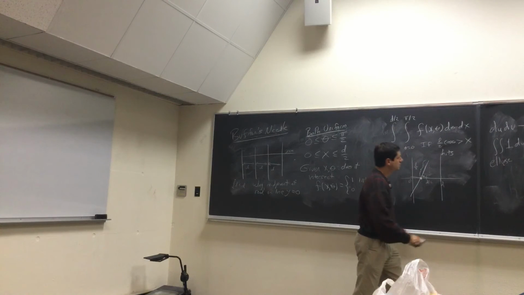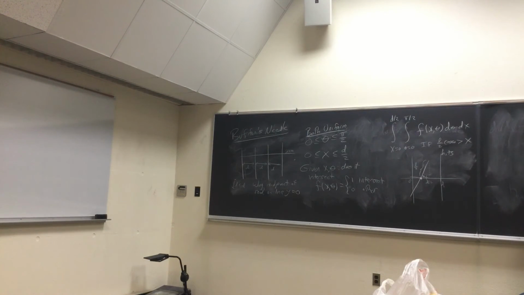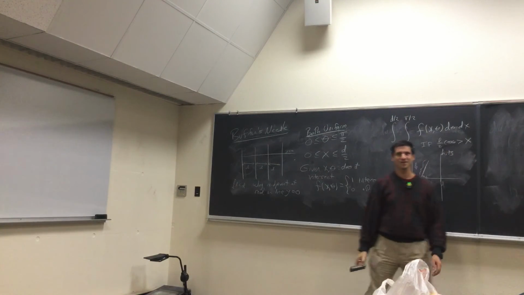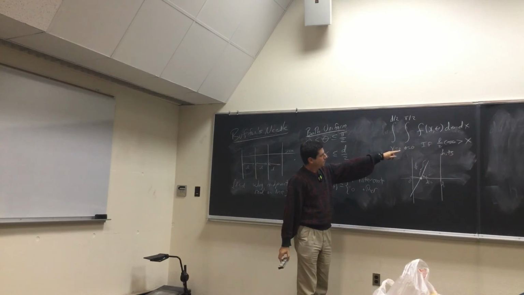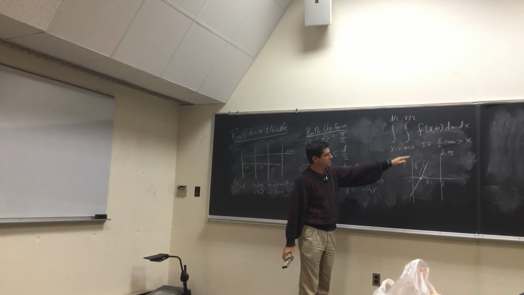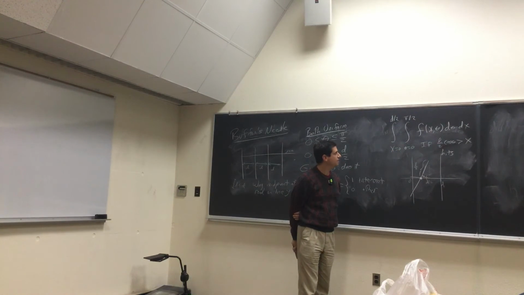So you've got a 50-50 chance. Given a value of x, this tells you what value of theta, or given a value of theta, this tells you what value of x. Which way do you want to integrate first? X or theta?